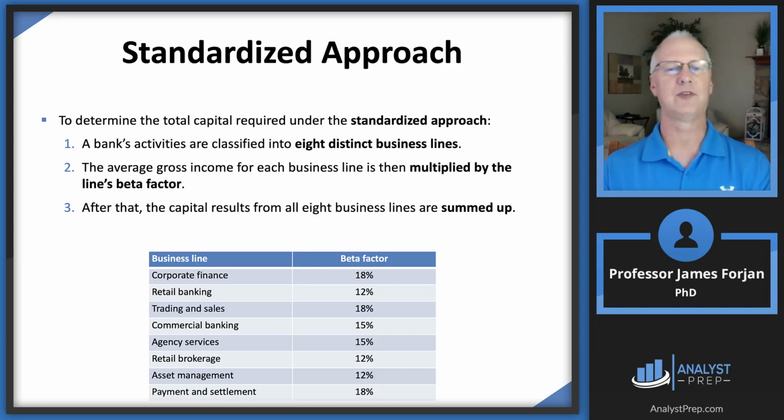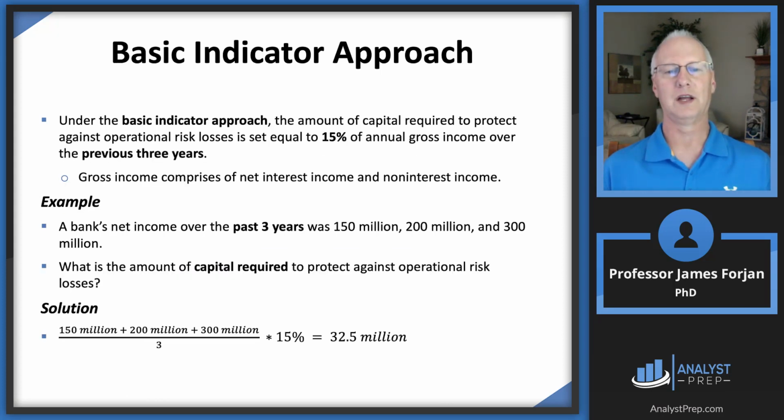And so all the stuff that you know about beta from regression analysis or from the study of systematic risk for equity securities, all that stuff applies here. And these are standard numbers here, the 18s, the 12s, and the 15s. Those are kind of determined by, go back to this one over here, right? There's 15.